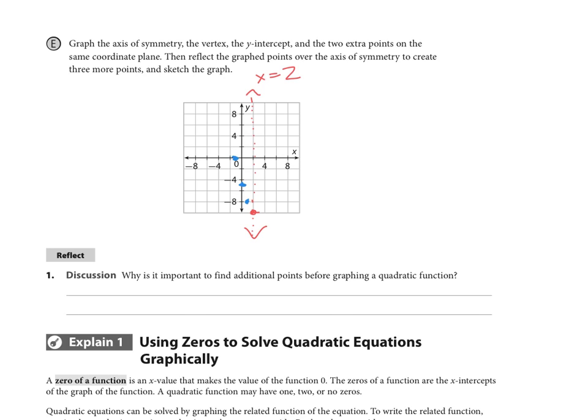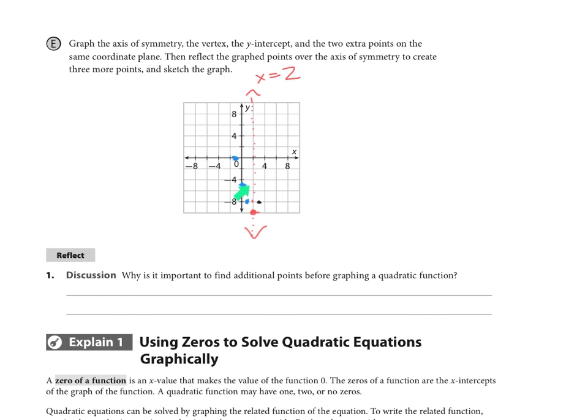Now, what we do here is we understand the idea of symmetry. Symmetry means that wherever there's a point on the left side, there's an identical point on the right side, given the distance away. The distance away from the axis of symmetry here is 1 unit. So I go directly to the right of the axis of symmetry 1 unit, and I put a reflected point. I do the same thing here.